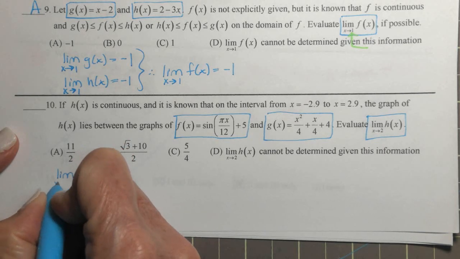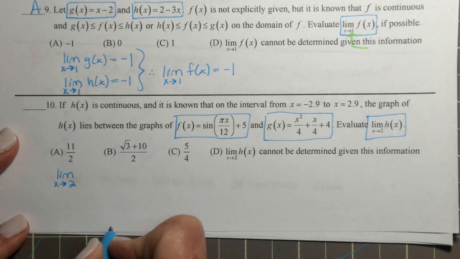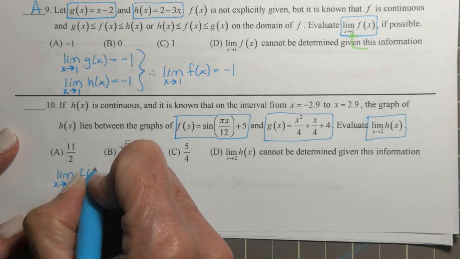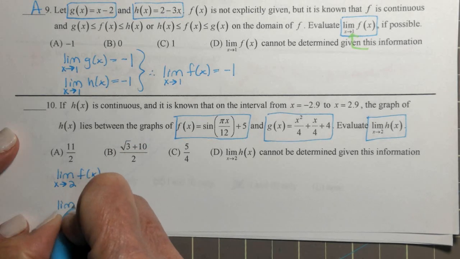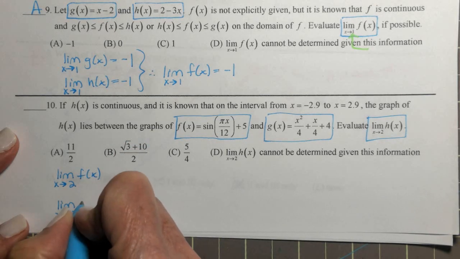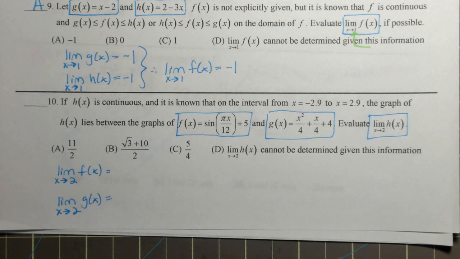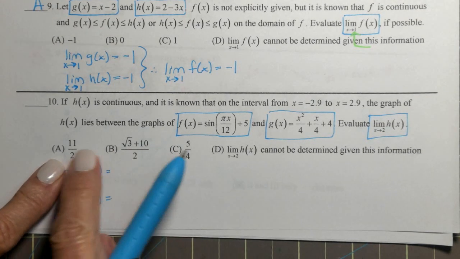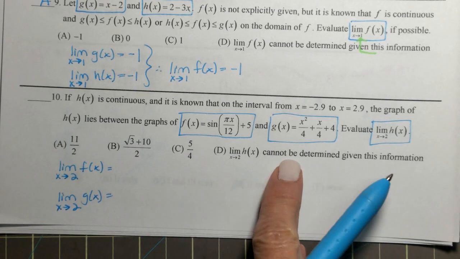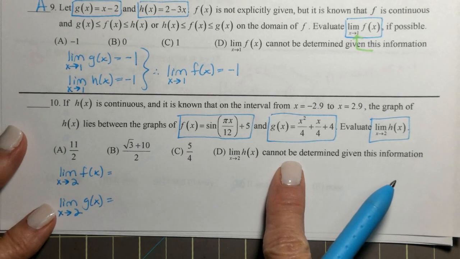So it's telling me what to do. I'm going to find the limit as x approaches 2 of f. I'm going to find the limit as x approaches 2 of g. And either they will be the same value and I'll get one of these answers, or they'll be different values and I will get D as my answer.